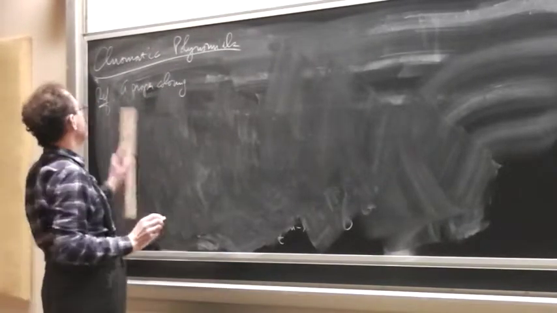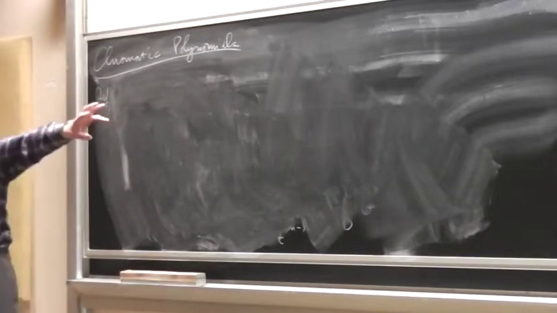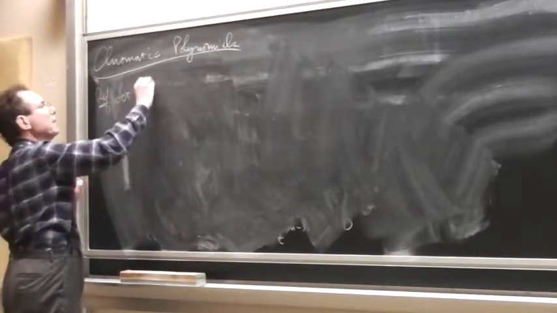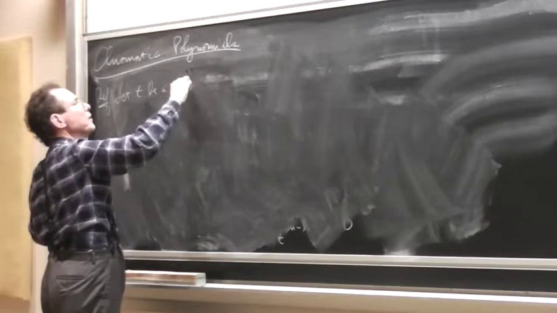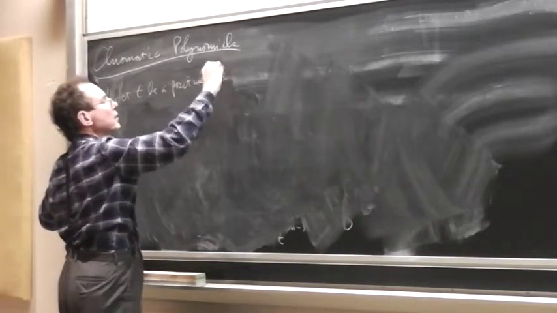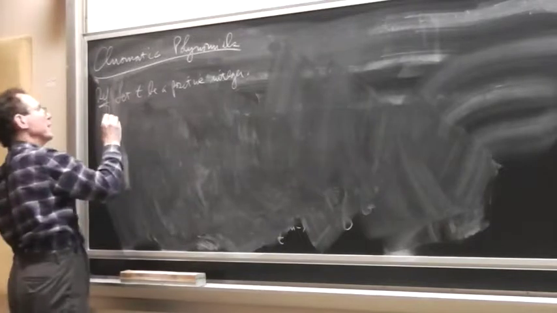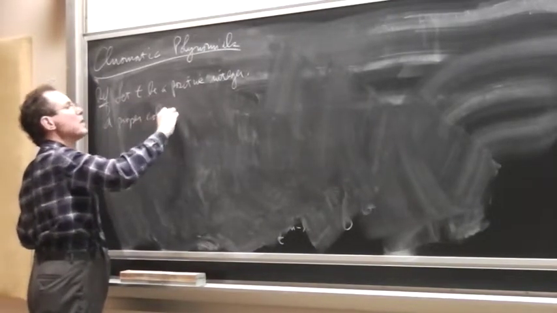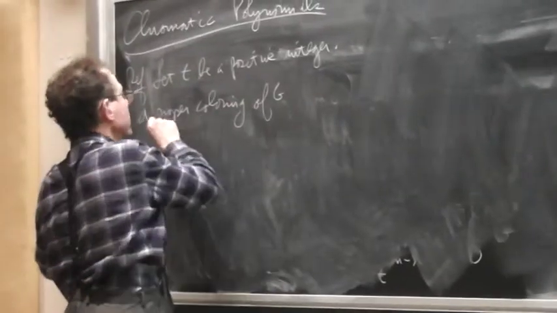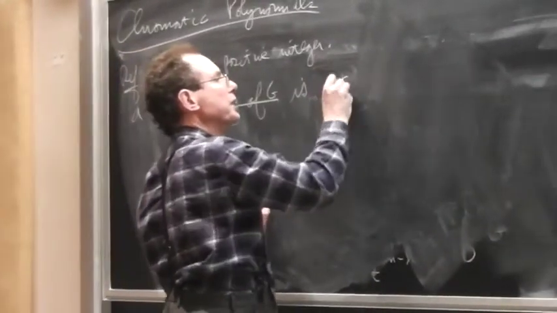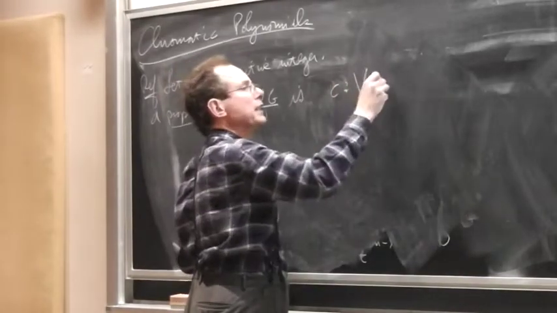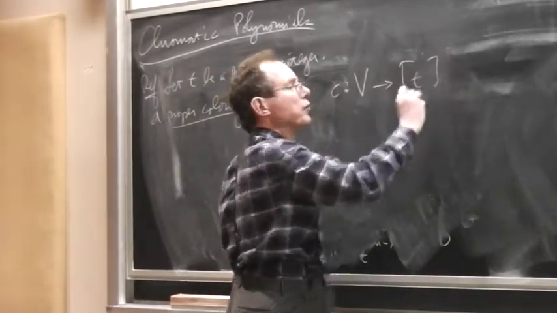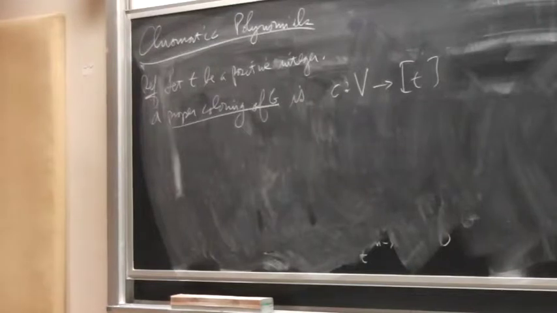First of all, I should say, we've been thinking of t here as a variable. I now want to think of t as an integer. So, let t be a positive integer, and now we can say that a proper coloring of G is a function C, the color function, that takes each vertex and assigns it one of the numbers 1 through t, which I'm thinking of as my colors.